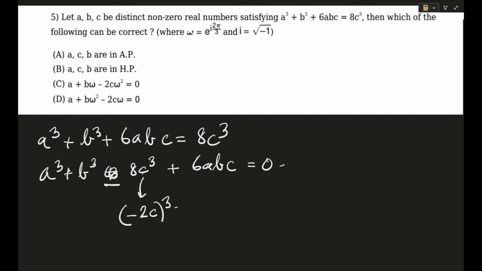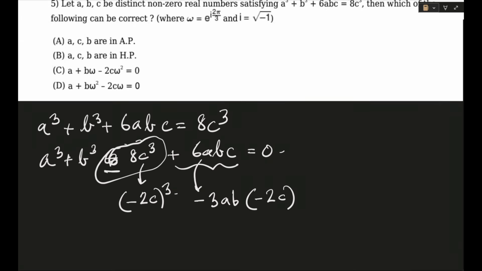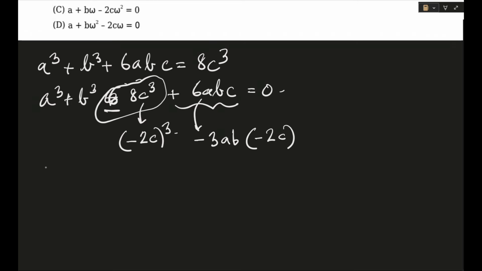So this complete thing here is your minus 2c whole cube, first thing. And this particular term 6abc is actually nothing but minus 3ab into minus 2c, right? So what I can do is basically write this particular expression as a plus b minus 2c.